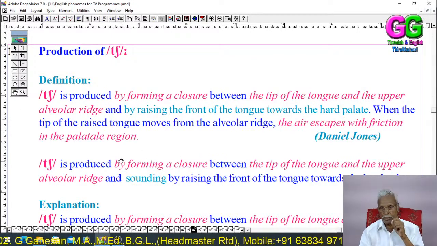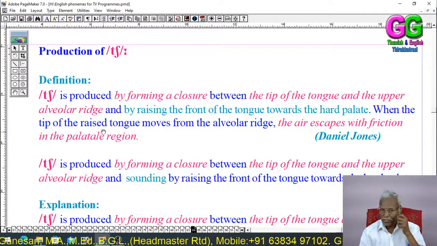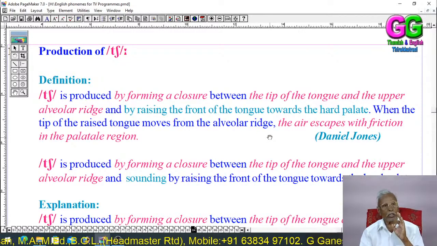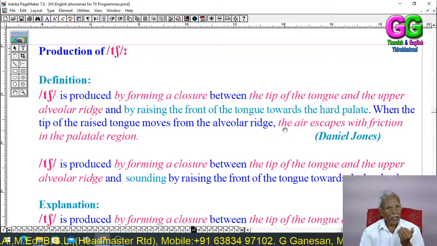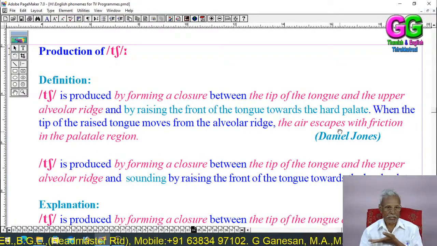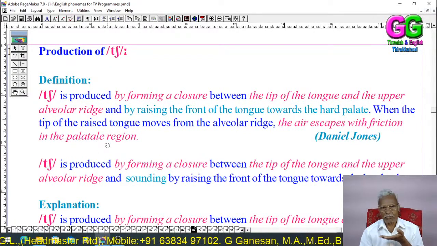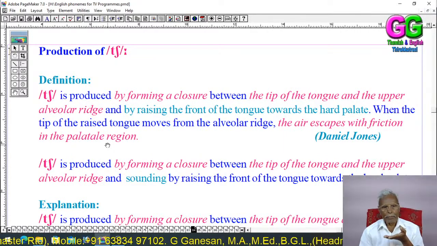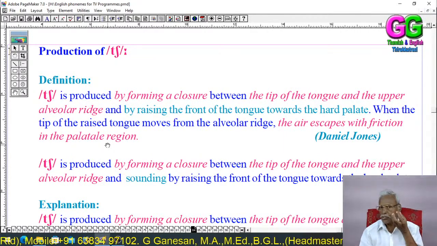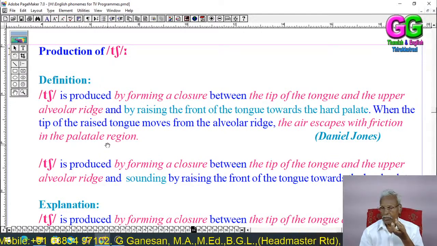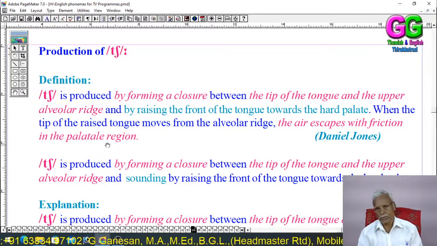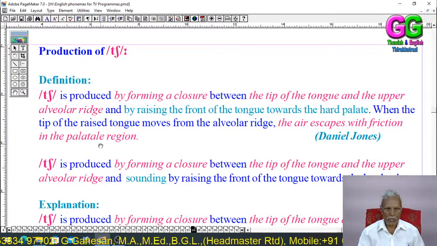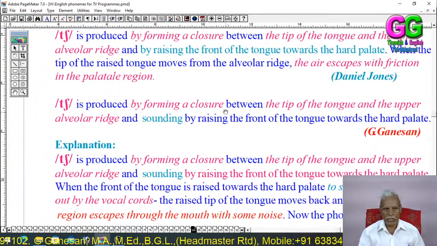When the tip of the raised tongue moves from the alveolar ridge, the air escapes with friction in the palatal region. That is, the air in the palatal region escapes through the mouth. Daniel Jones. My definition.